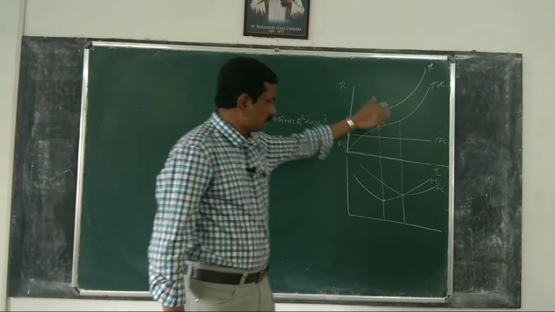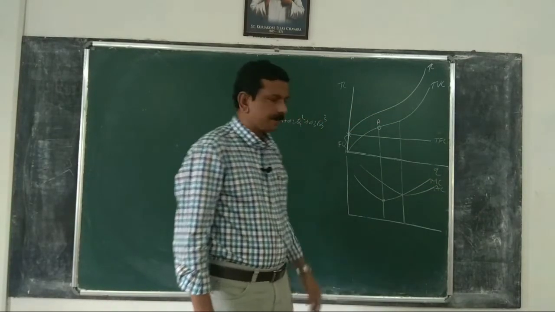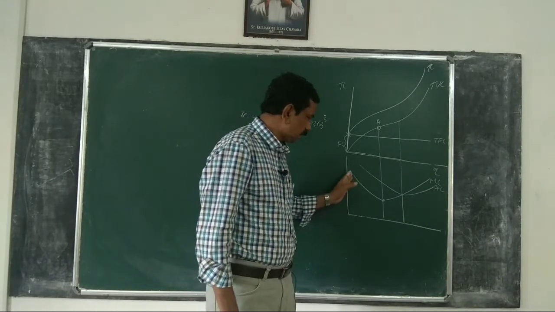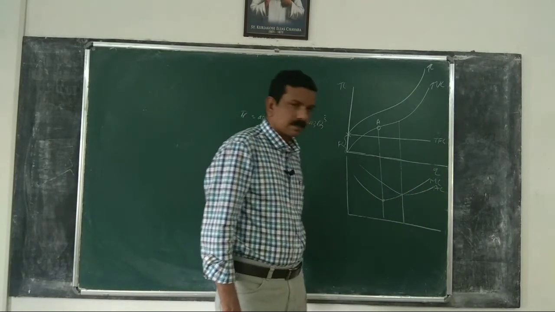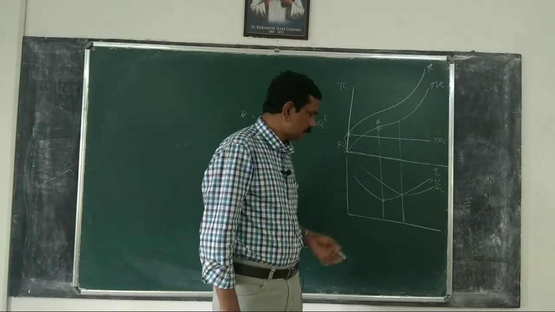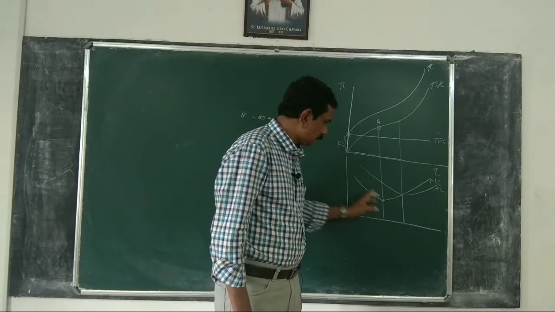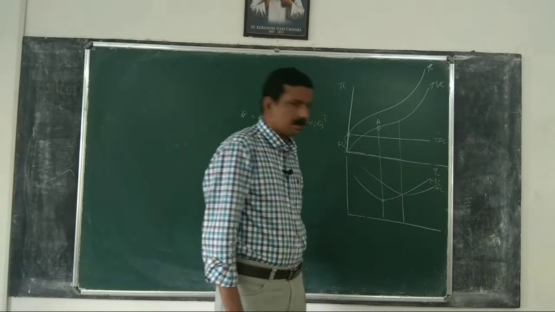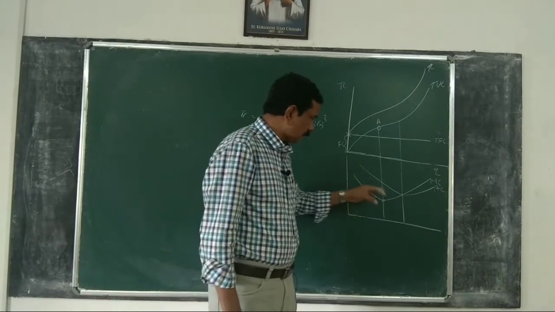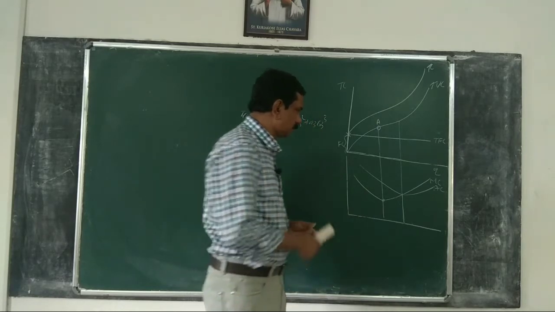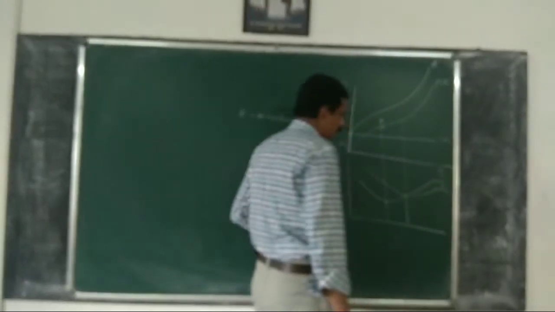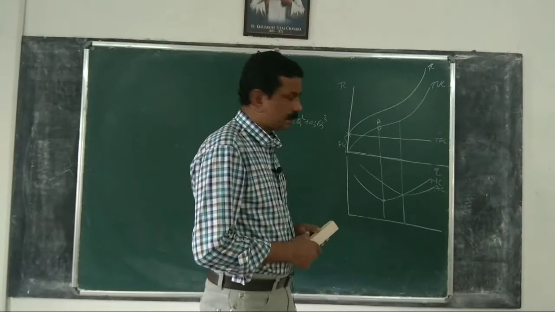And as it is clear to you, the shape of MC and AC is like this. Initially both decrease, then increase, and MC reaches the minimum first, followed by AC. And also it is known to you that MC intersects AC at its lowest point.